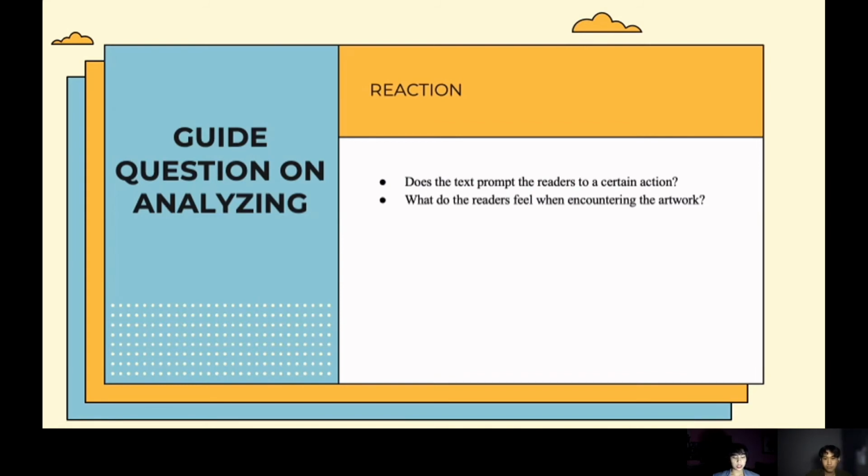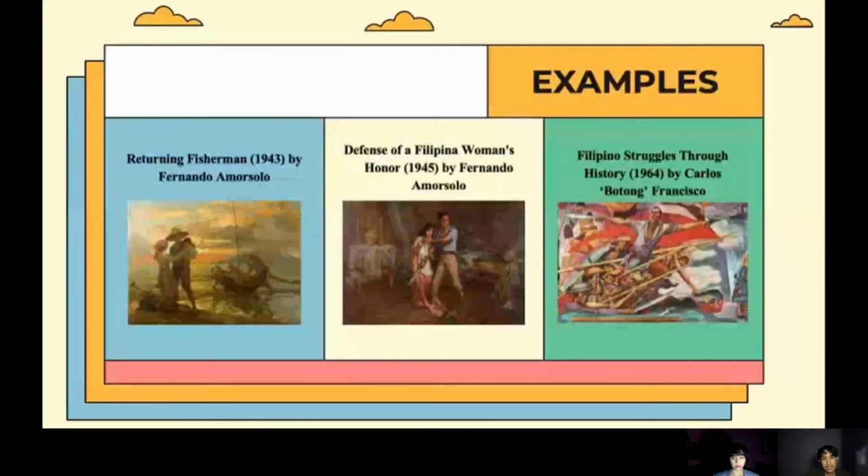Let's now proceed to the examples of contextual art. So here are the examples of contextual plane art. First, The Returning Fisherman by Fernando Amorsolo in 1943. Second, Defense of a Filipino Woman's Honor by Fernando Amorsolo in 1945. And lastly, Filipino Struggles Through History by Carlos Francisco in 1964.